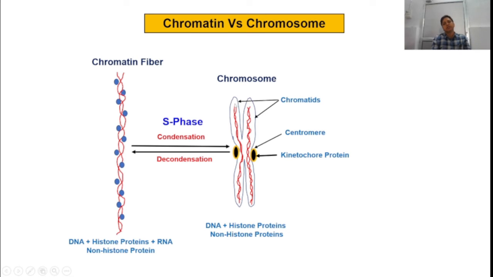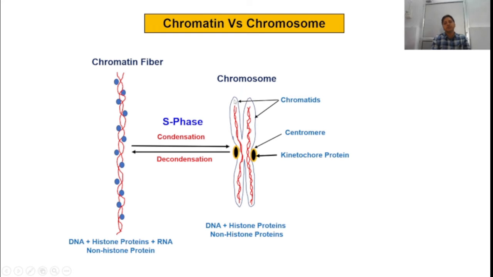So a double-stranded chromosome includes two DNA molecules. The arms of the chromosome are known as chromatids, and on the surface of the chromosome there is a depression known as the centromere. This centromere also includes other proteins like kinetochore protein, which is important for cell division.